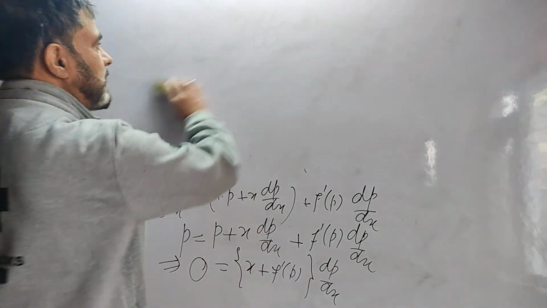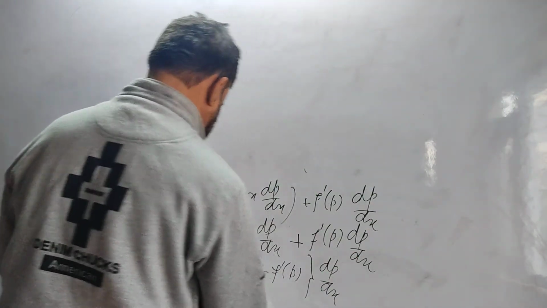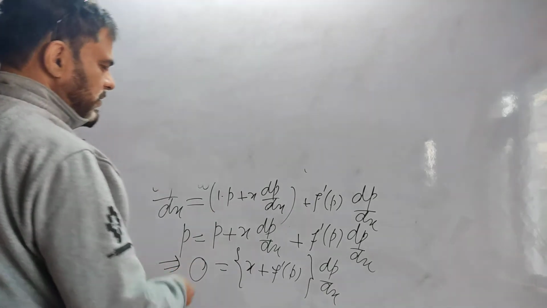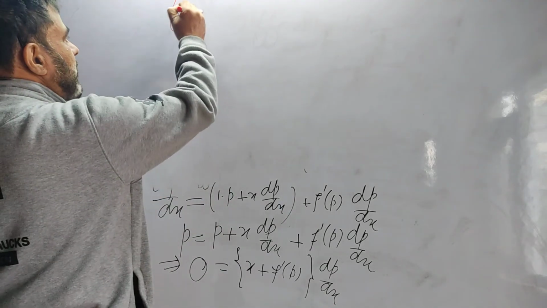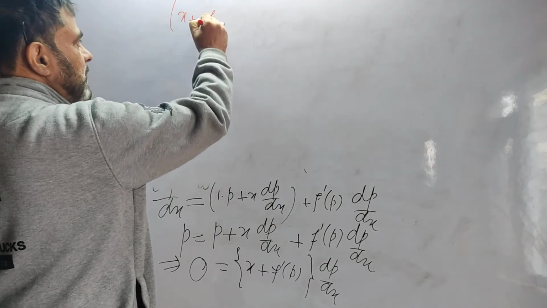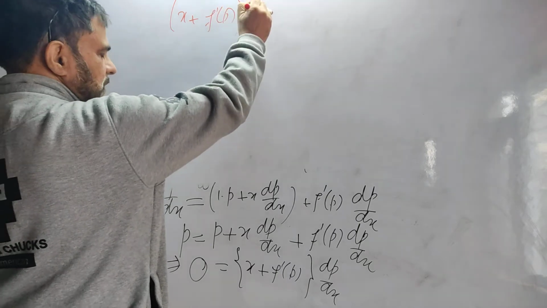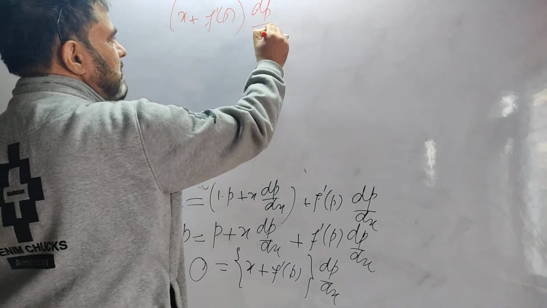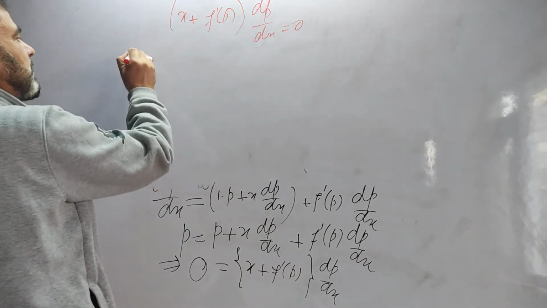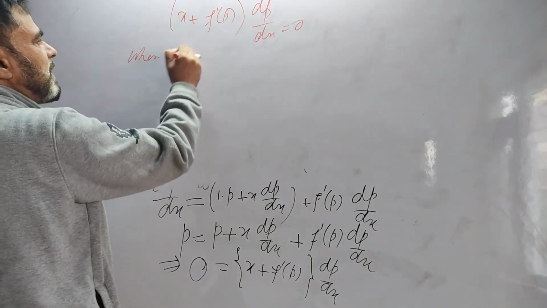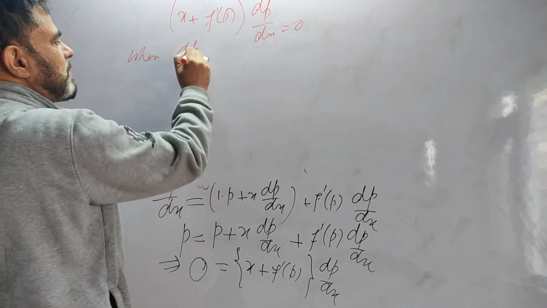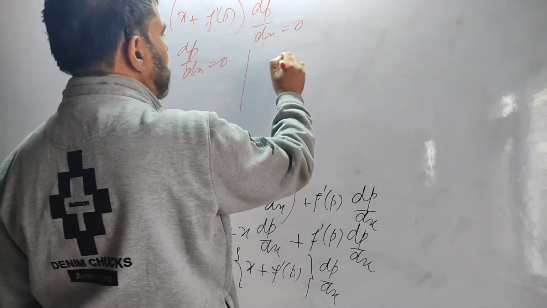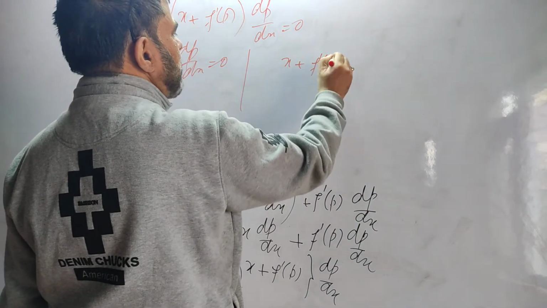After simplification, you see what you get. This gives you x plus f dash p times dp by dx is equal to 0. You can write here, when dp by dx is 0 or x plus f dash p is 0.